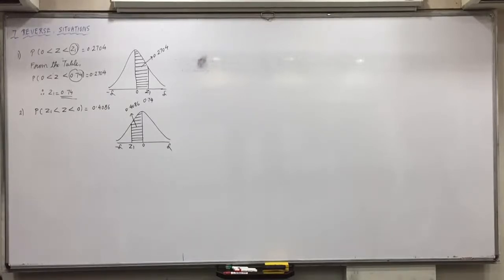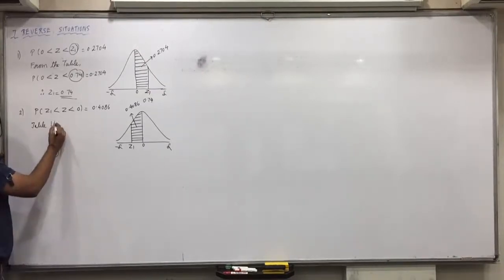Is everyone able to get that? Yes. Now in that row, do you have 4086 exactly? No. So tell me, 4086 comes between which two values? 4082 and 4099.